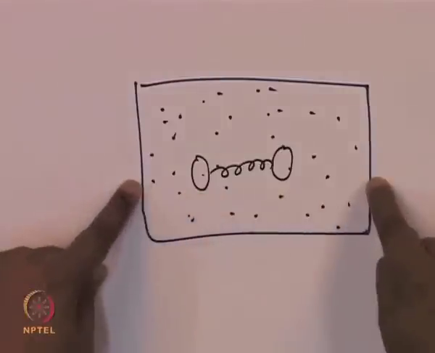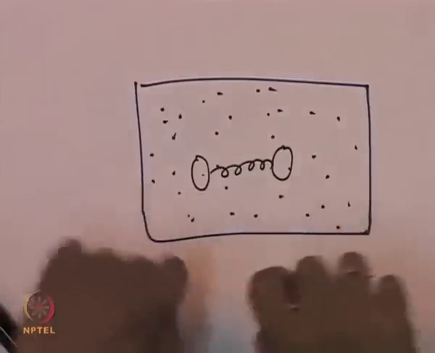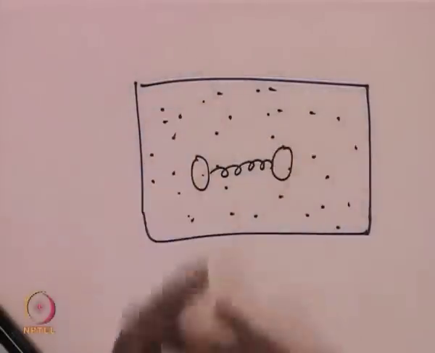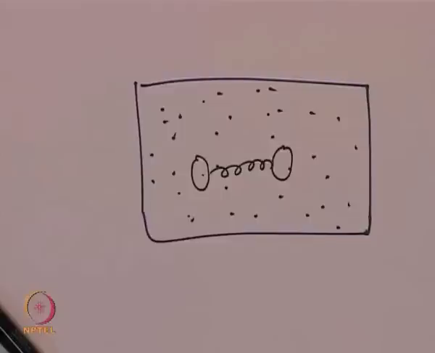It will also resist going away, because spring pulling needs force and spring pushing also needs force. So, the simplest case of a biomolecule would be something like this, two atoms connected by a spring. This is a model to mimic a biological system. This is the simplest model we can think of.